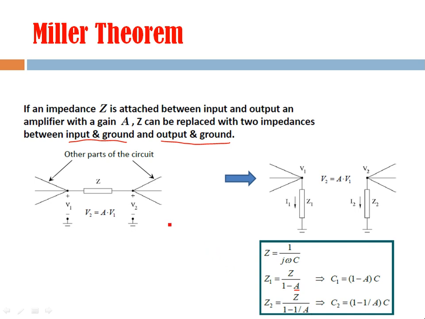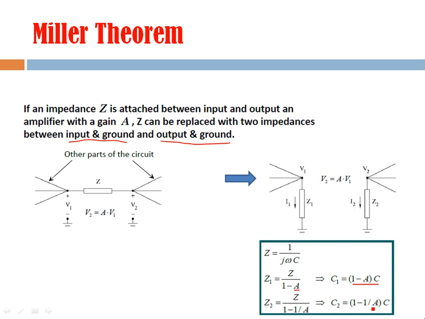Now since we are saying that it is a capacitive component, instead of looking at this problem as impedance, we can look at the capacitance value also. So C1 means the capacitive component which is present between input and ground, that will be something like this, okay, and C2 which is connected between output and ground, that will be like this, right?